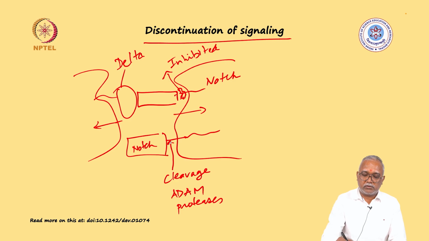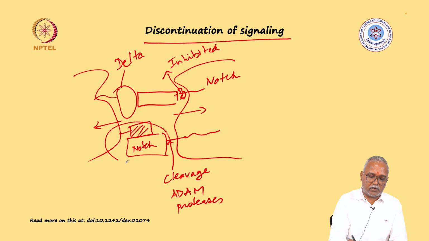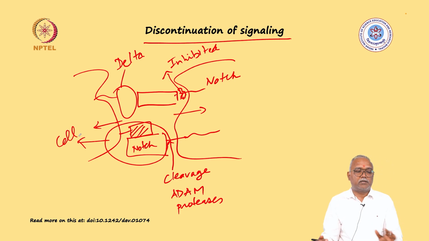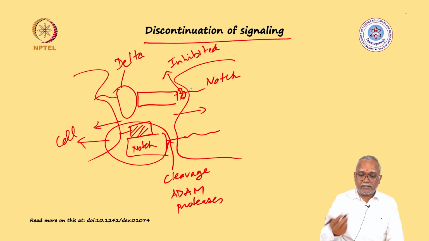And because of this notch extracellular domain being released, the delta bearing cell will take this entire thing up in this cell, and thus it will discontinue the signaling. So importance of this extracellular domain and its conformation is very big when it comes to continuing or discontinuing the signaling.